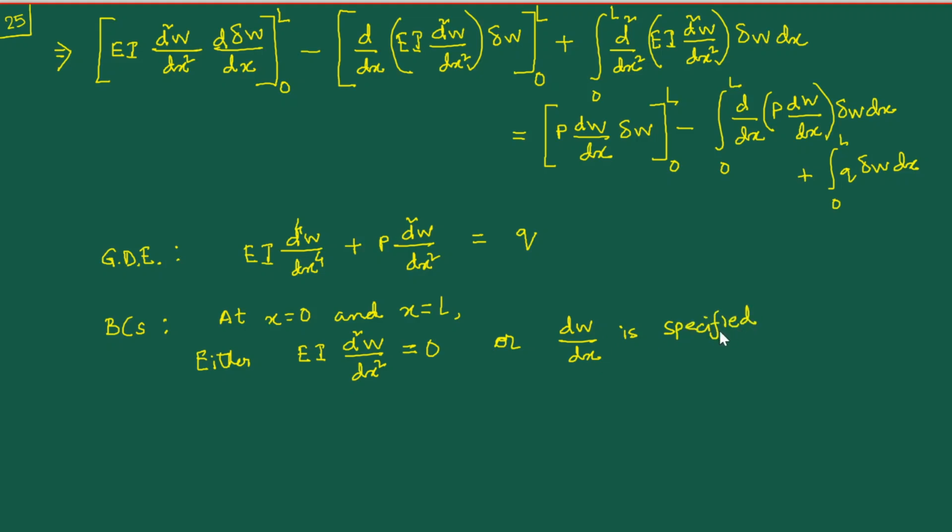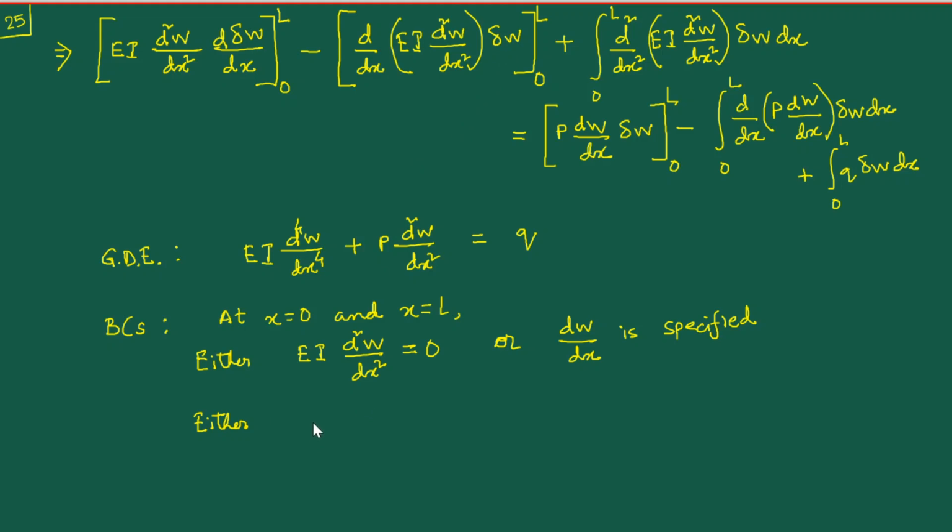So if you have already watched the previous videos, you should have absolutely no problem in interpreting what is going on here. Okay, why I'm writing this as dw dx is specified, basically just because we have this first variation here. Okay. The other set of boundary conditions will be by considering the boundary terms involving the delta w.